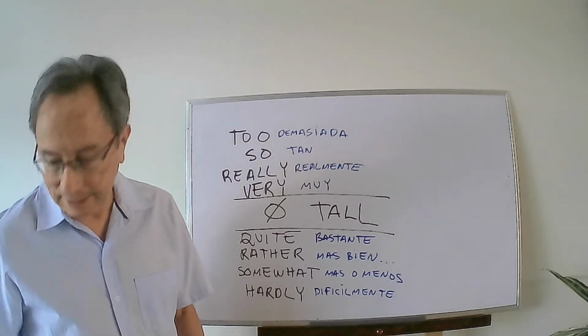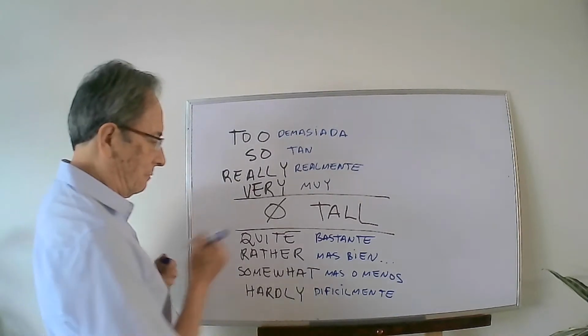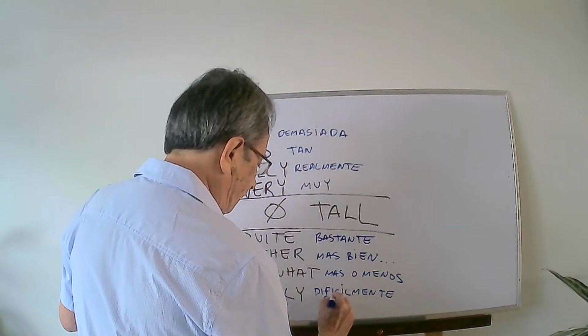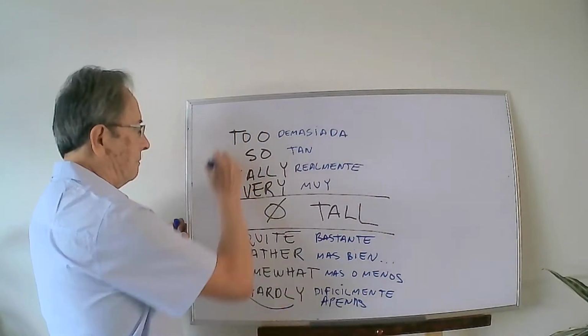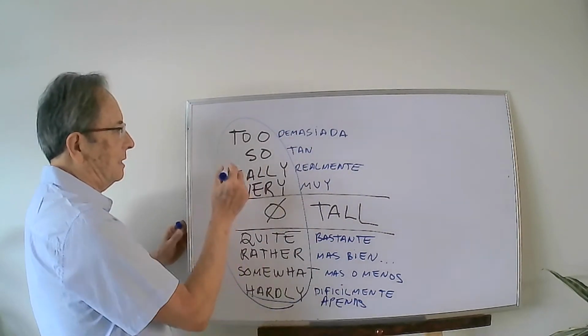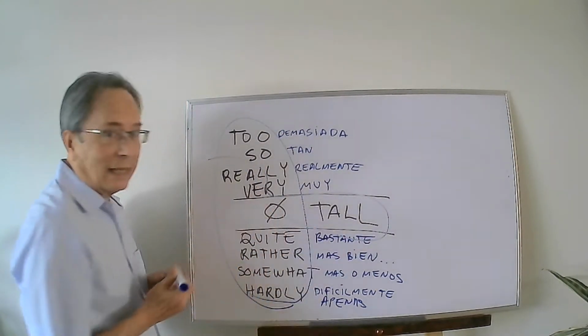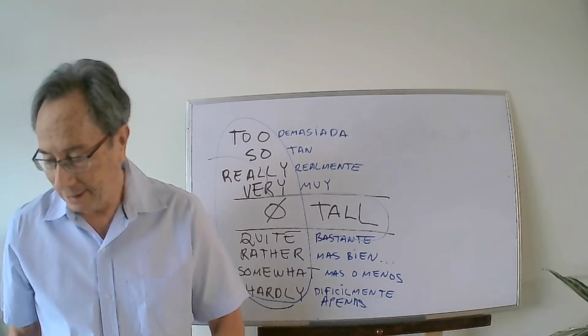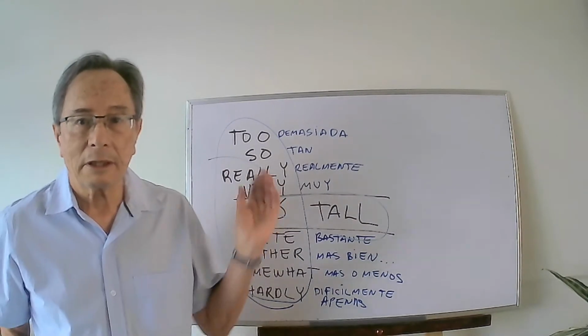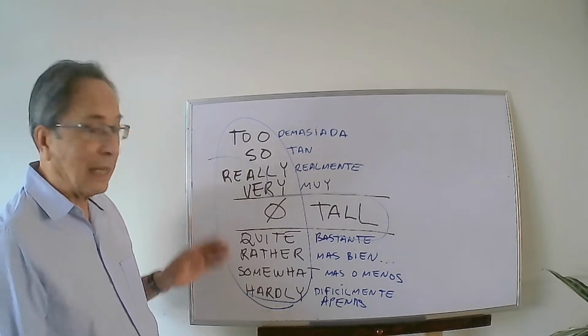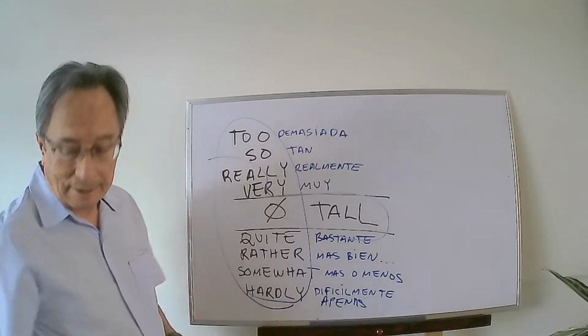Hardly, o apenas, okay? Okay, now, see, these adverbs, estos adverbios están diciendo cómo, qué tan alta es la hija de esta persona, okay? So you have to know this. Son importantes saber todos estos. En esta escala, okay?